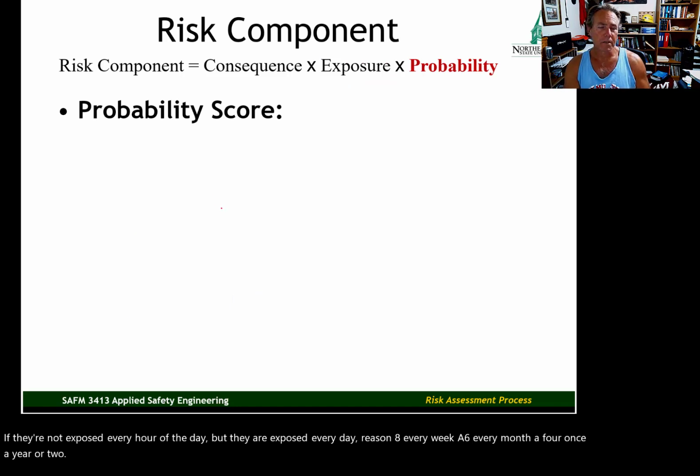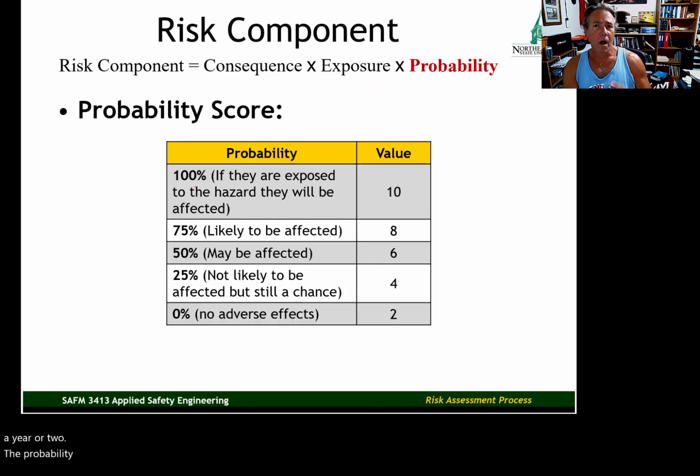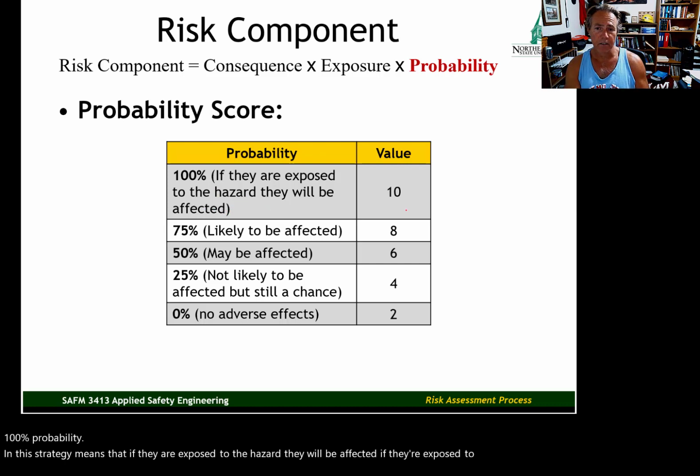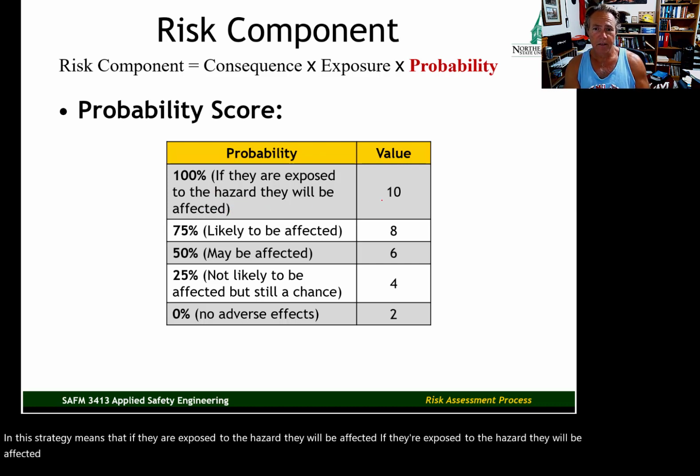Now the probability score. 100% probability in this strategy means that if they are exposed to the hazard, they will be affected. If it's 100%, the probability receives a 10.